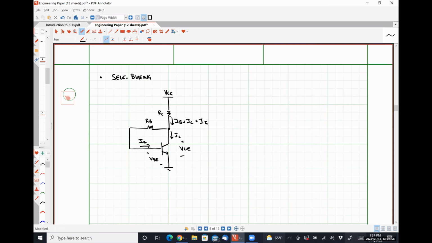So let me explain what I mean by this, okay? VCE, using Kirchhoff's voltage law here, will always be the voltage drop over resistor RB plus VBE, which means it's always higher than VBE. So this circuit literally only works in the forward active region, forward active mode. Cannot hit saturation.